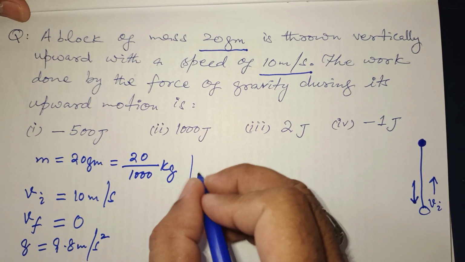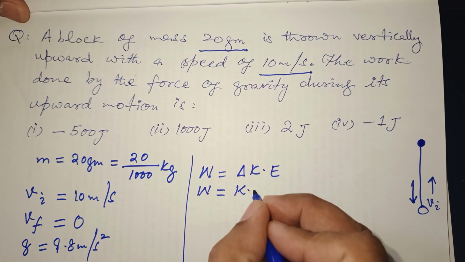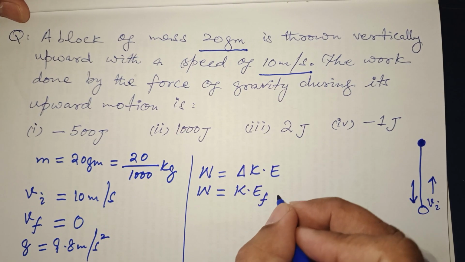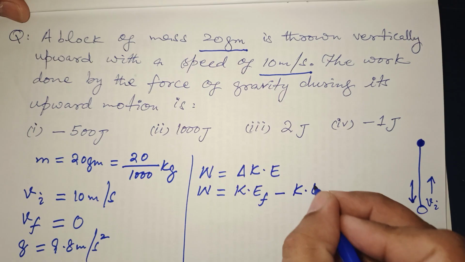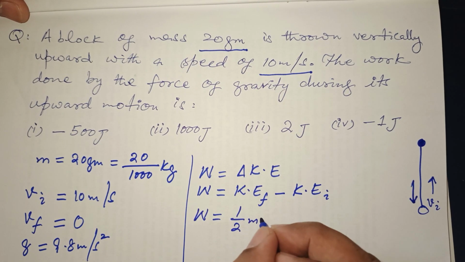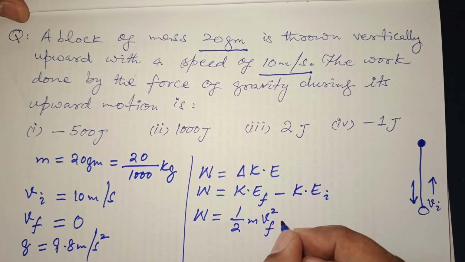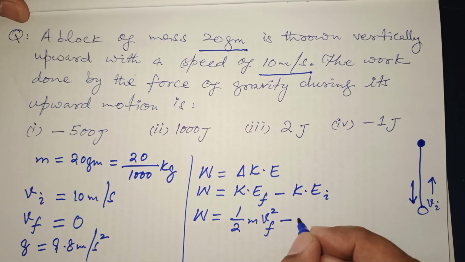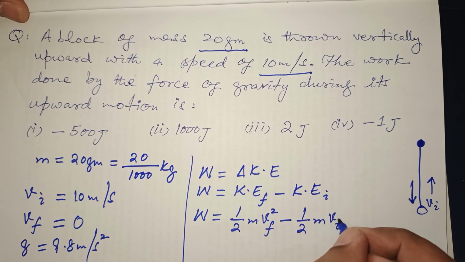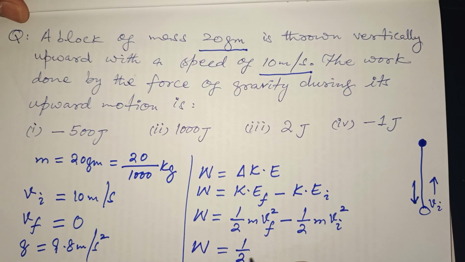Work done will be equal to the change in kinetic energy. Means what? Kinetic energy final minus kinetic energy initial. The formula of kinetic energy is half mv square. So in case of the final velocity, half mVf square, and in case of the initial one, half mVi square. So W equals 1 upon 2 m.